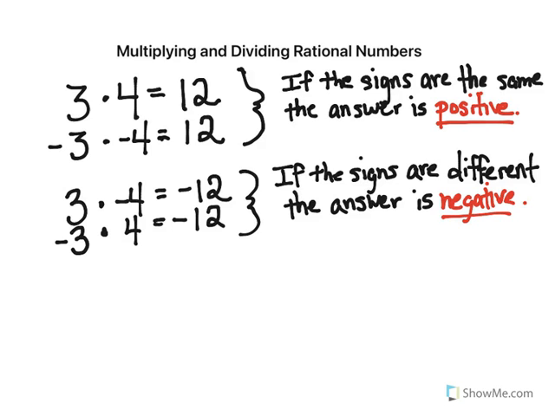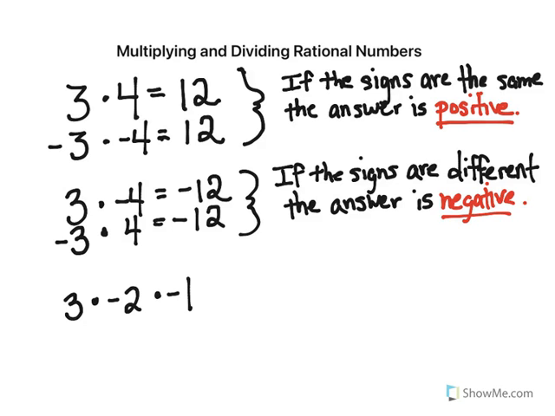Now, those are the two basic rules for multiplying and dividing rational numbers. Like I said, we don't want to get these confused with adding and subtracting. Well, what if we have more than two numbers? What if we have 3 times negative 2 times negative 1? Well, we can only theoretically multiply two numbers together at one time.